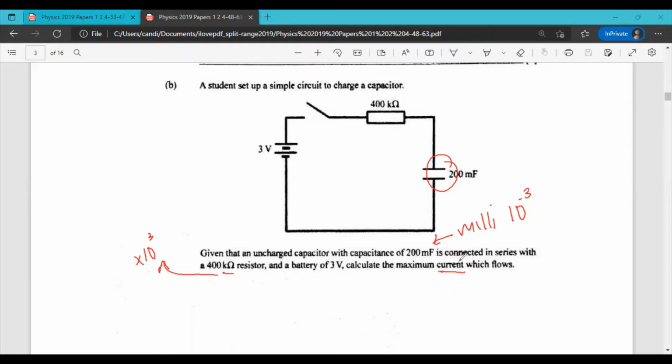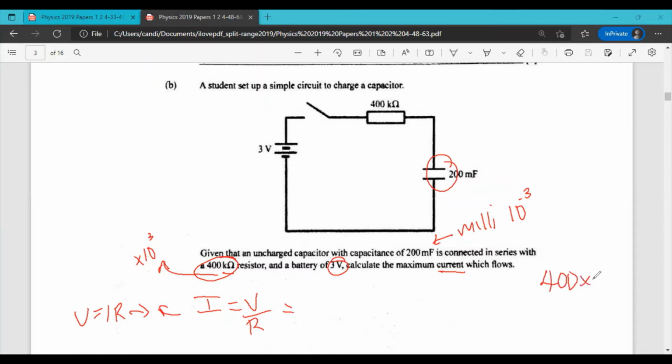Okay, so the equation that we need is this one right here. This is Ohm's law. You might recognize it as voltage is equal to current multiplied by resistance. We transpose it for current to make that the subject of the equation, and then we substitute in the values given for the voltage or potential difference and the resistance. Before we plug in our resistance, we convert it to ohms.